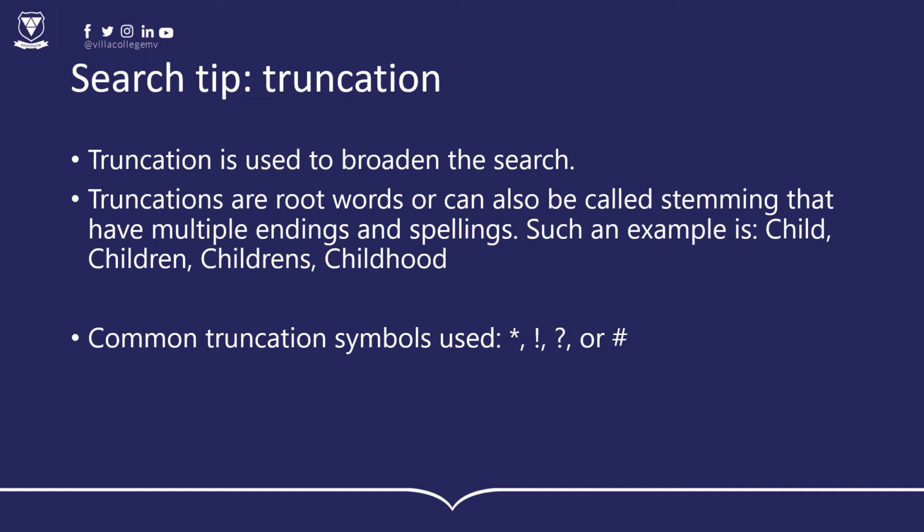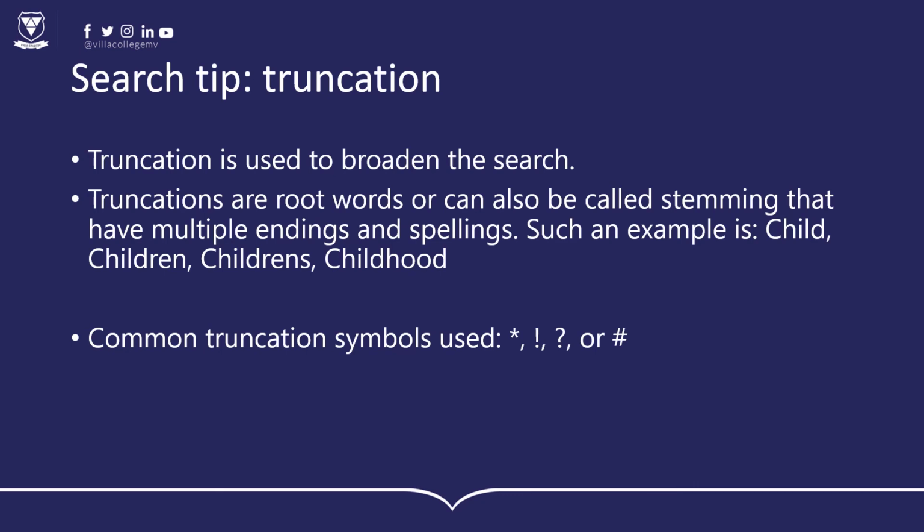Truncation is another very useful search tip. Truncation is used to broaden the search. Truncations are root words or can also be called stemming that have multiple endings and spellings. Such an example is child, children, children's, childhood. To use truncation, enter the root of a word and put the truncation symbol. Please keep in mind that different databases use different symbols to truncate.